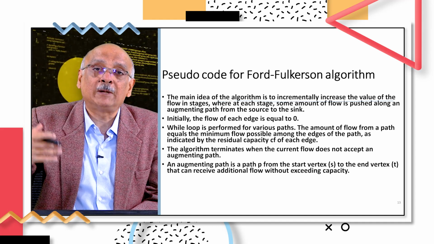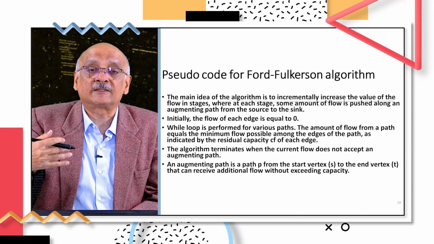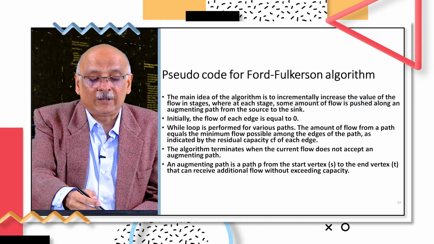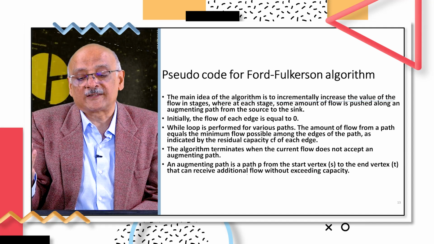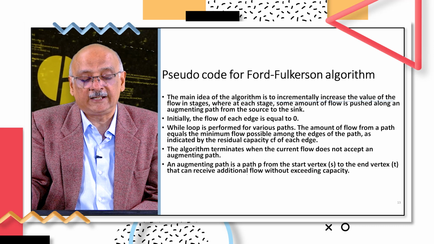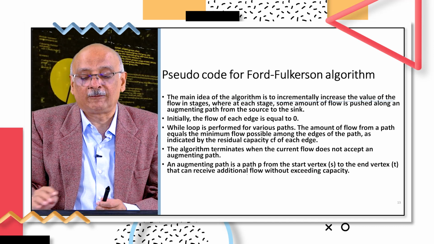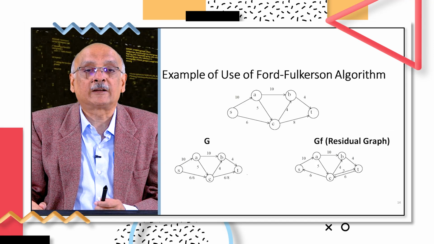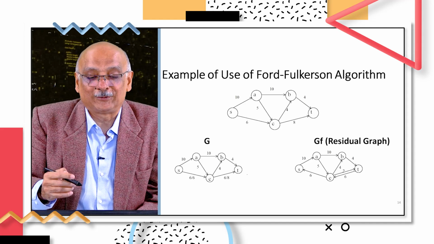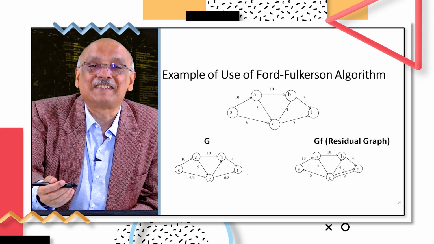So, we keep on finding paths which are augmenting. An augmenting path is a path P from the start vertex S to the end vertex T that can receive additional flow without exceeding capacity. So, let us look into the example.